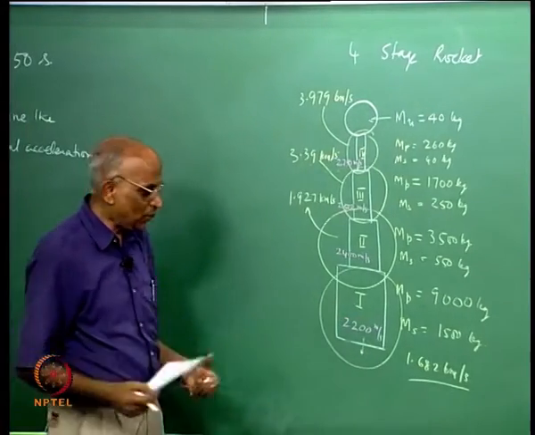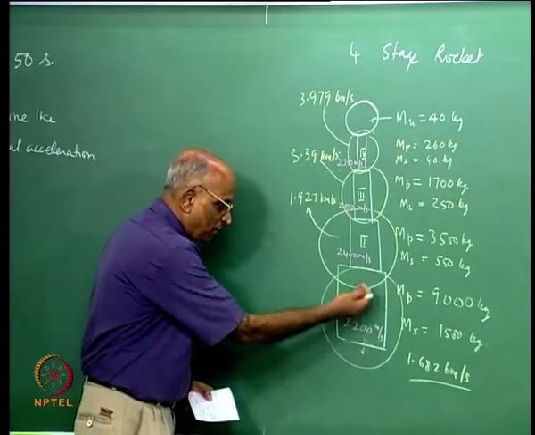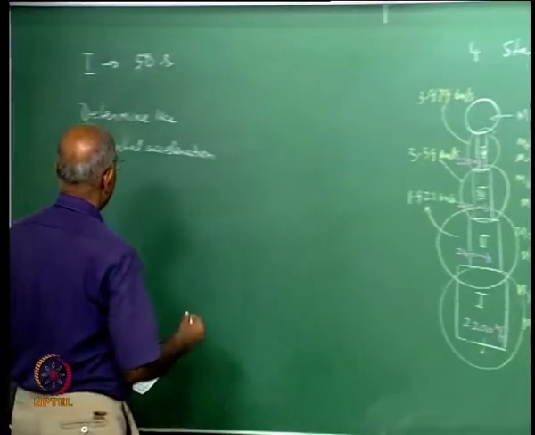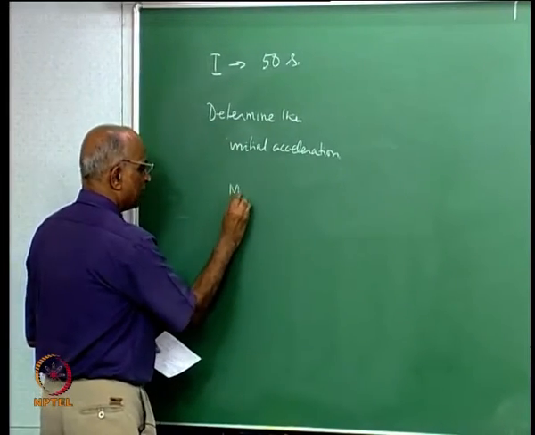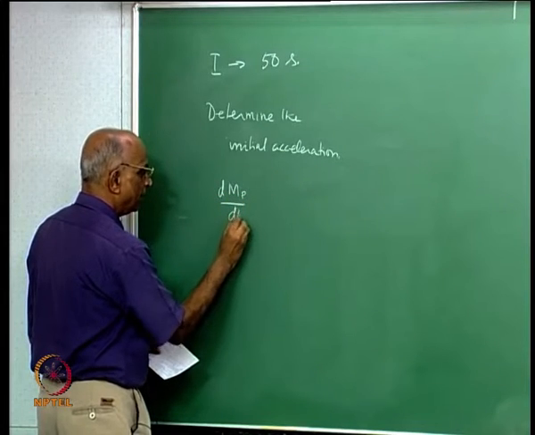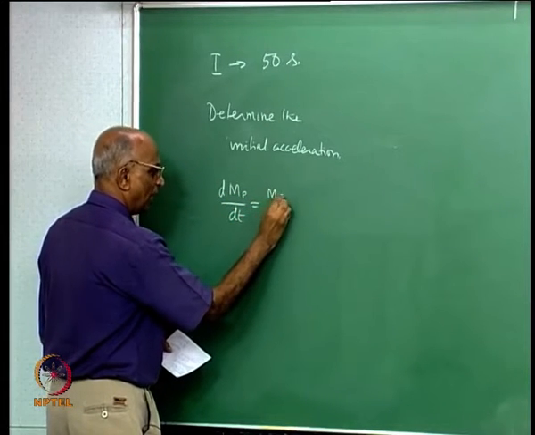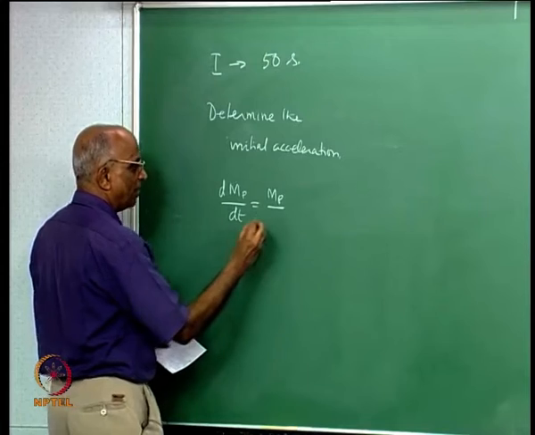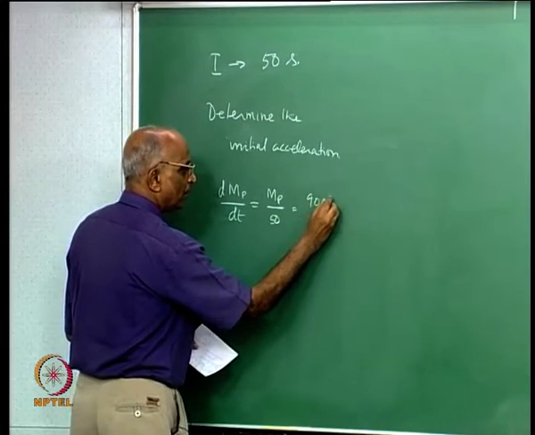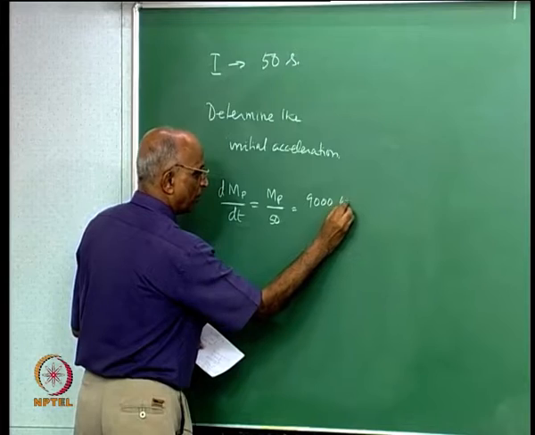It is also given to us that the flow rate of the mass leaving the rocket is a constant. Therefore, we can say the rate at which propellant gets depleted, that is d mp by dt, is, at a constant flow rate, mp divided by 50, where 9000 kg is the mass of the propellant.